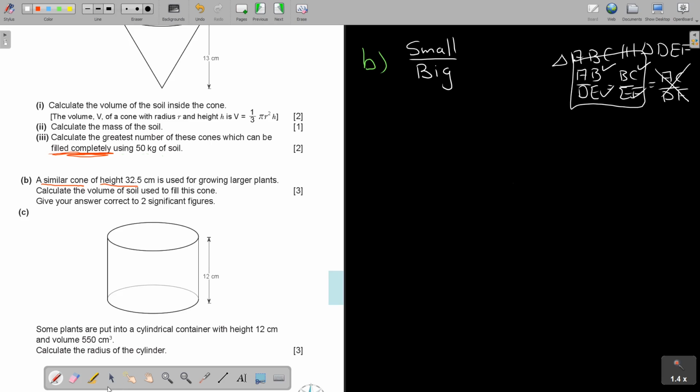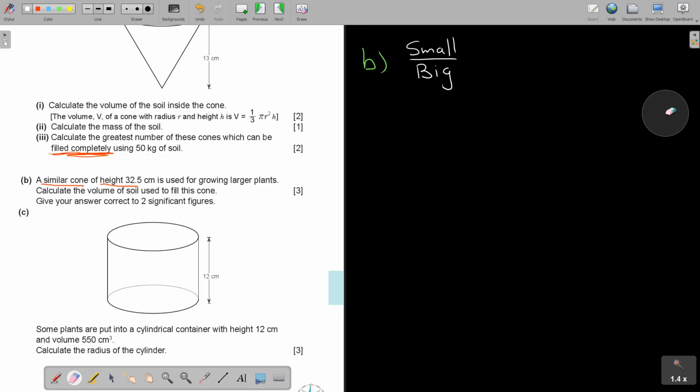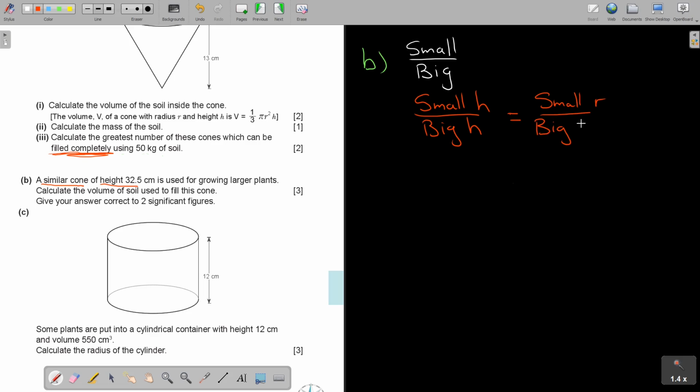And can I just show you? They like bringing it in with cones, similar figures. Okay, so just remember small over big. Now, let's say the small height over the big height will be equal to the small radius over the big radius.